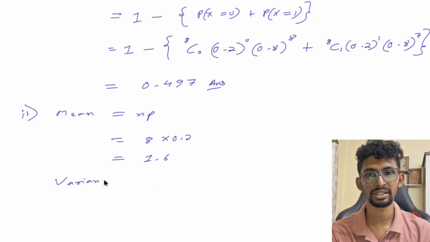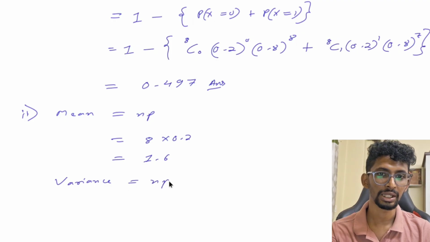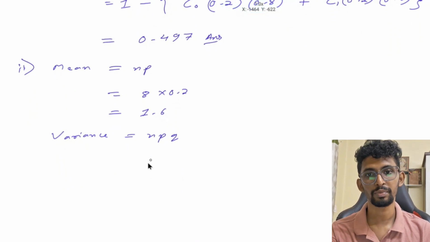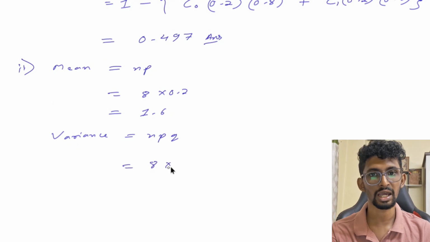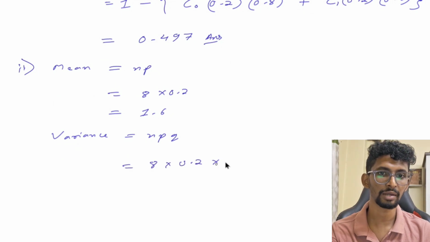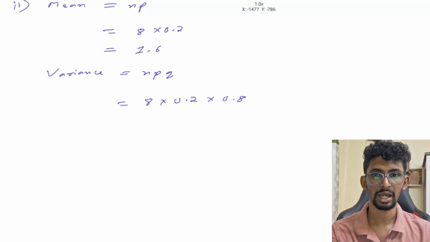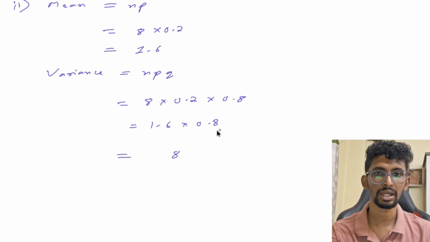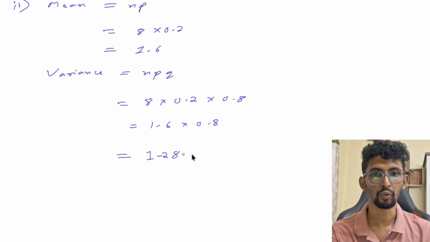Variance is NPQ for binomial distribution. So that means 8 times 0.2 times 0.8, which is 1.6 times 0.8. So 8 times 6 is 48, 8 times 1 is 8, so 1.28 is our answer.